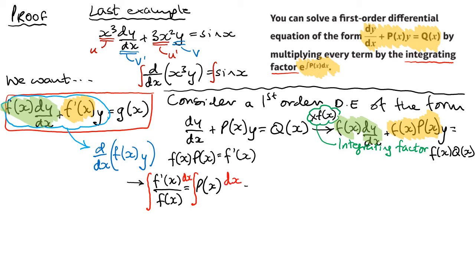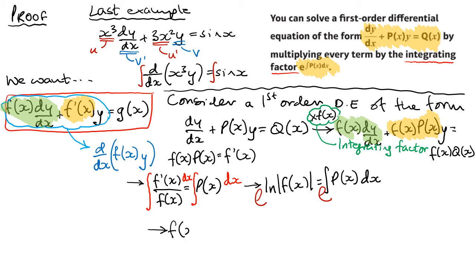Whenever I've got the derivative of something over itself, that's just the log of the bottom. So I've got the log of f of x equals what I get when I integrate p of x with respect to x. Now if I raise both sides to the power e, what I'll get is f of x equals e to the power of the integral of p of x dx.